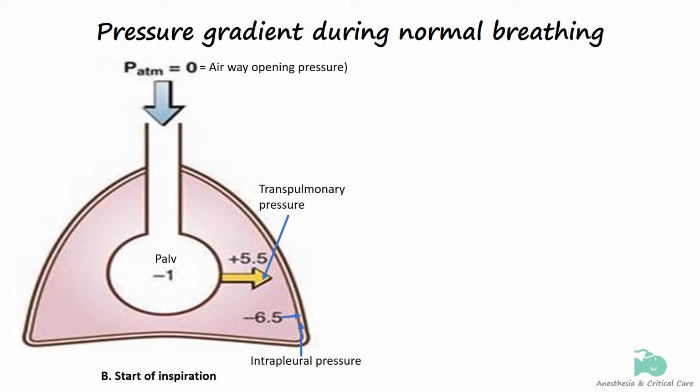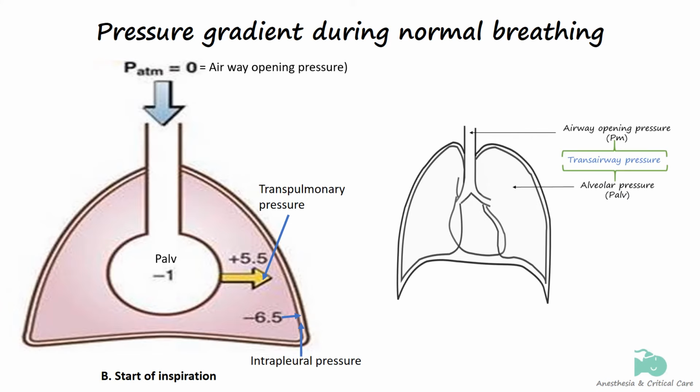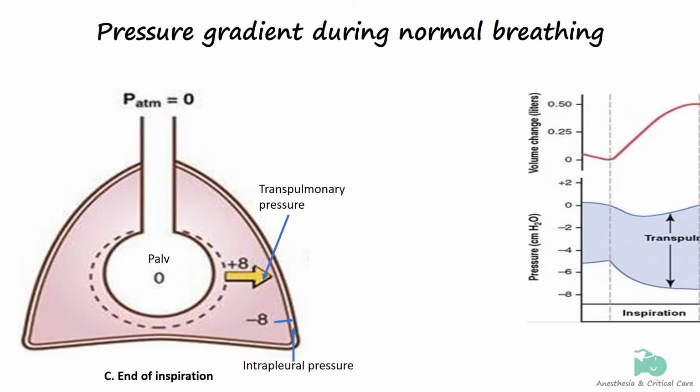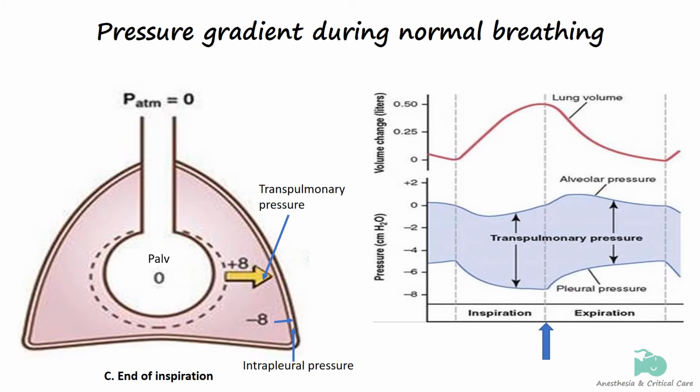Hence, a pressure gradient between the mouth and the alveoli, called transairway pressure, is generated, causing air to move from the mouth to the alveoli. As pleural pressures continue to decrease toward the end of inspiration, alveolar pressure begins to equilibrate with the atmosphere and alveolar filling slows. At end inspiration, the pleural pressure reaches its maximum of about -10 centimeters of water as intrapleural pressure becomes more negative.